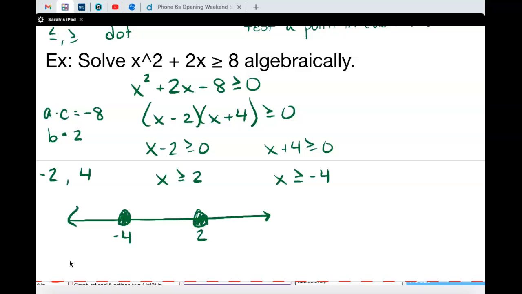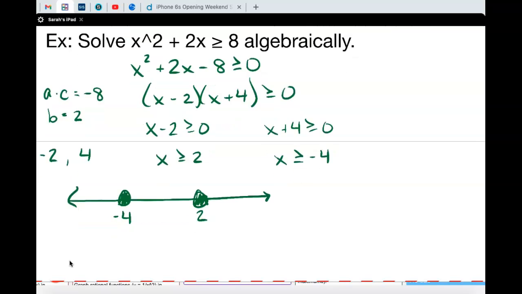If I was doing a linear inequality, we'd say I'm shading to the right, but that's actually not accurate, so we're going to test. I would test points on the left side of negative 4, between negative 4 and 2, and on the right side of 2. So we're going to test 3 points since I have 3 different sections.